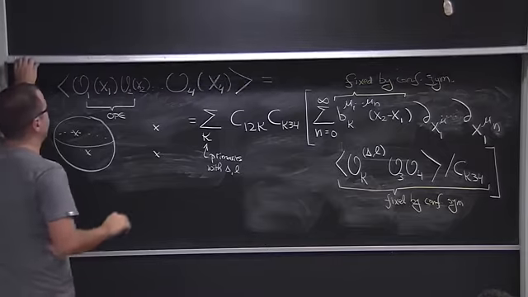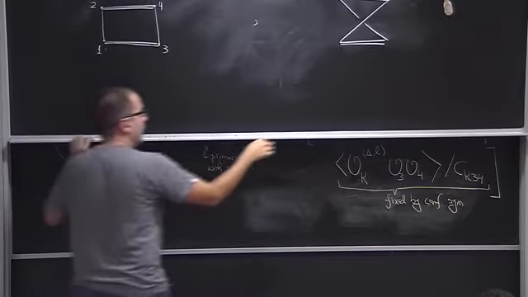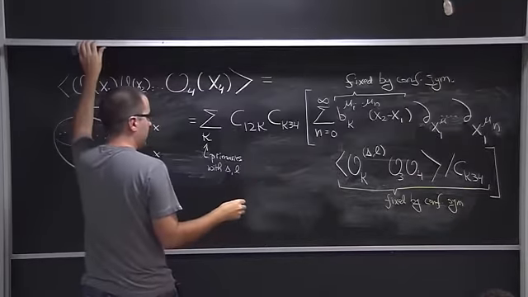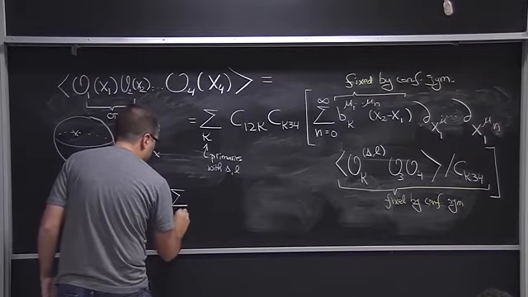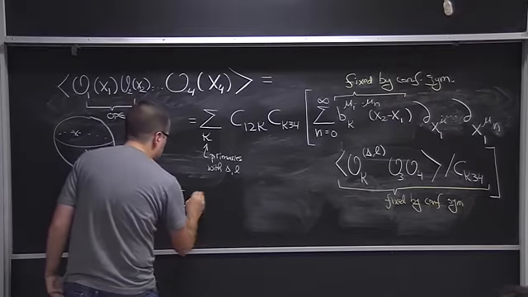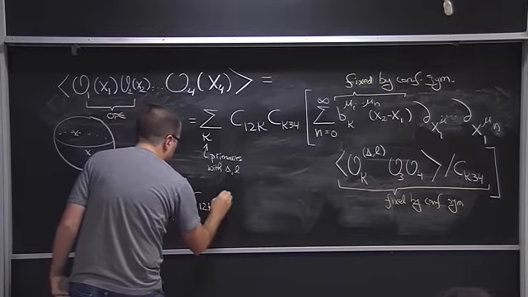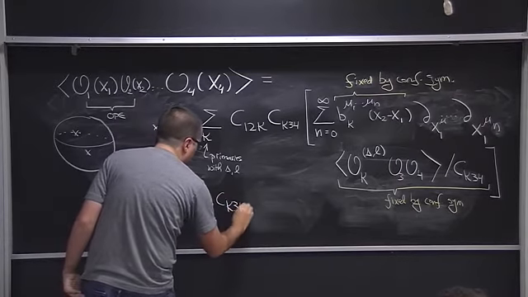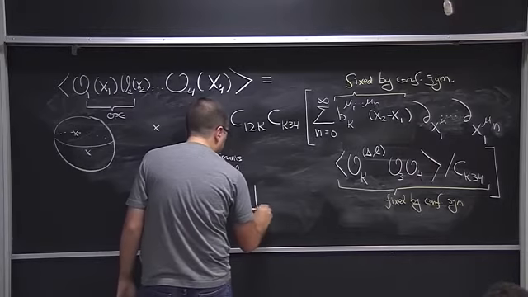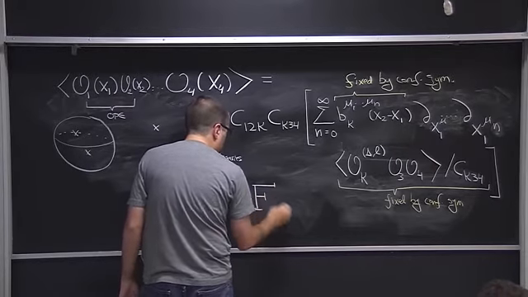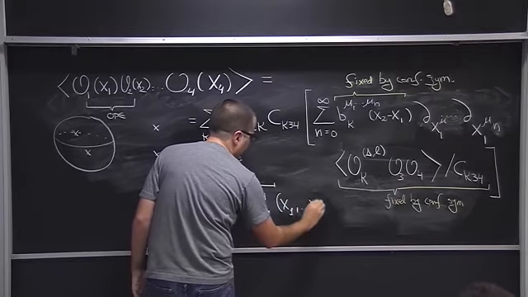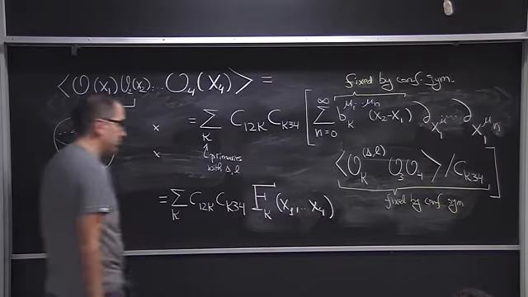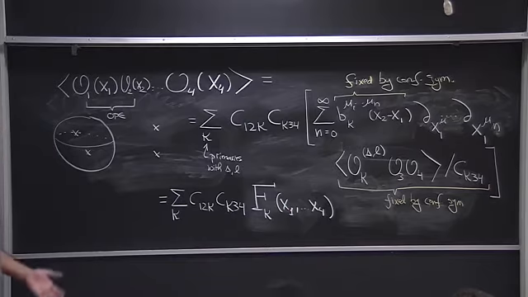So what do we have? We have that you can always write a correlation function as a sum over k, C12k, CK34, times a function, let's write it capital F. It's a complicated function, but it's totally fixed by symmetry. It's like a Bessel function, or some cosine, or some sine.